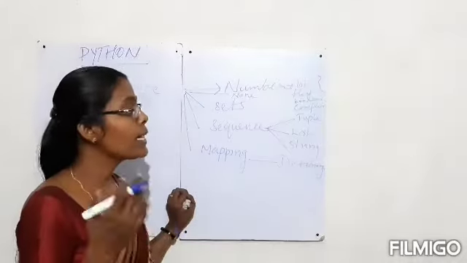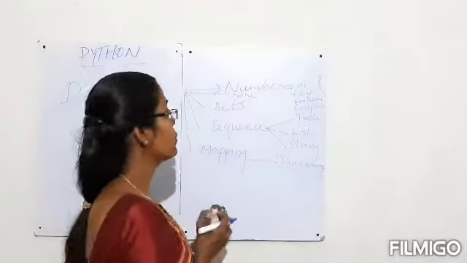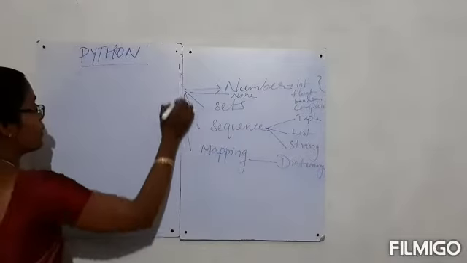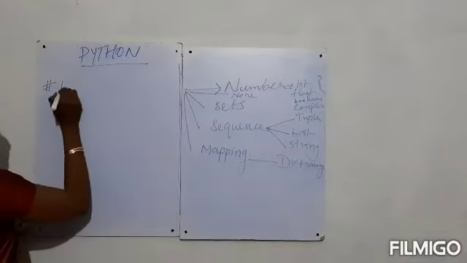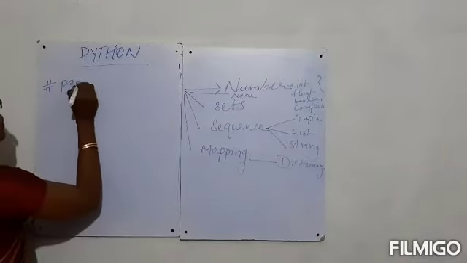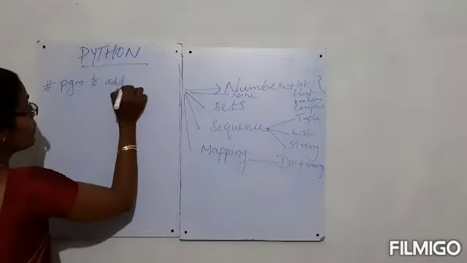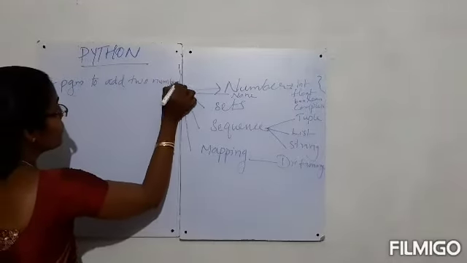Okay, so let us see how to write a simple program in Python. First, hash is used for a comment. The program adds two numbers.